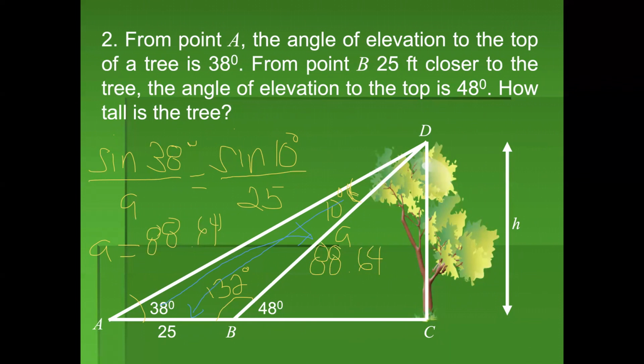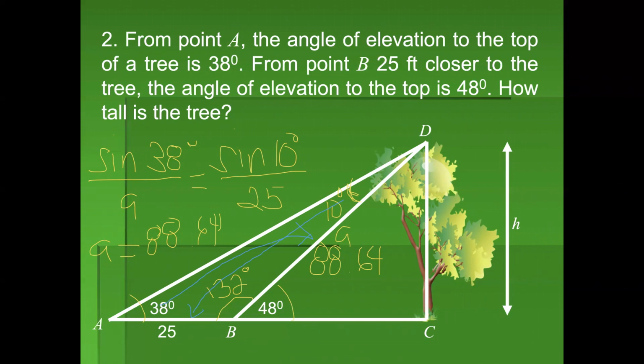Now let us focus on the right triangle. Here we are given 48 degrees and we want to solve for the height. Since we now have a right triangle, we can use the formula for solving right triangles, wherein the height is the opposite side from the given angle, which is 48.